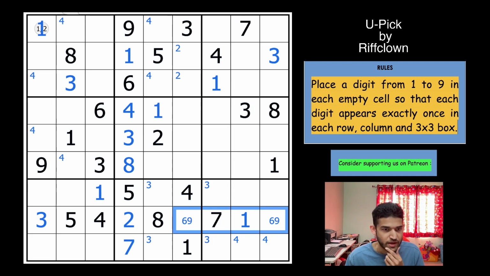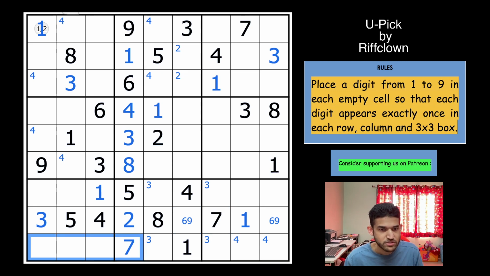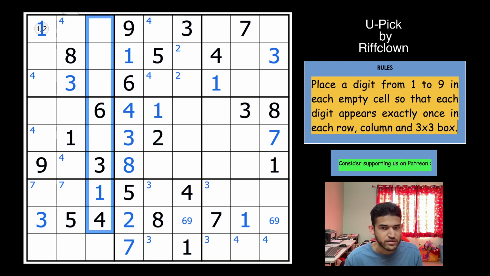Okay, so what do we have now? 7. 7 is not in this row, so 7 goes here. Seven can be placed in column 9. That's nice. Okay, 7 in column 3 cannot be here, and it cannot be here.